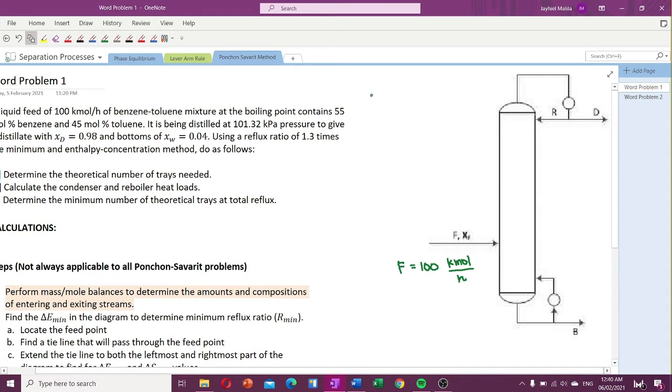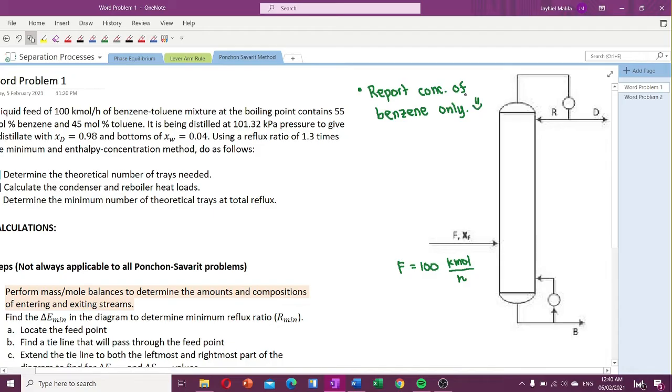We're going to have an agreement here that we're going to report concentrations of benzene only. So the mole fractions that you're going to see are only for benzene.